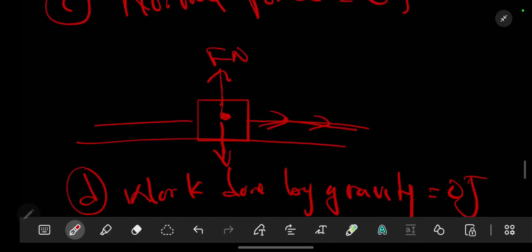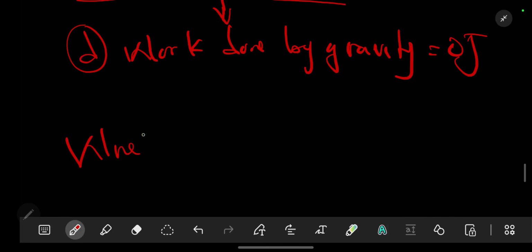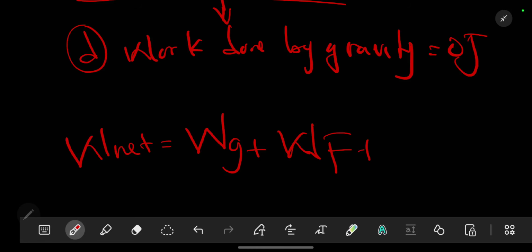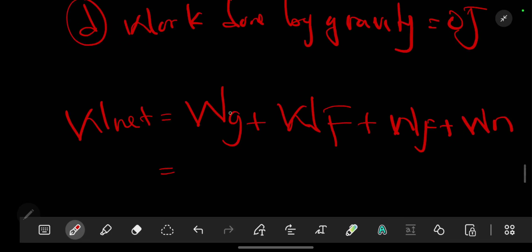The net work done is equal to the work done by gravity plus the work done by the force plus the work done by the frictional force plus the work done by the normal. The work done by gravity is 0 joules. So net work is just you adding.